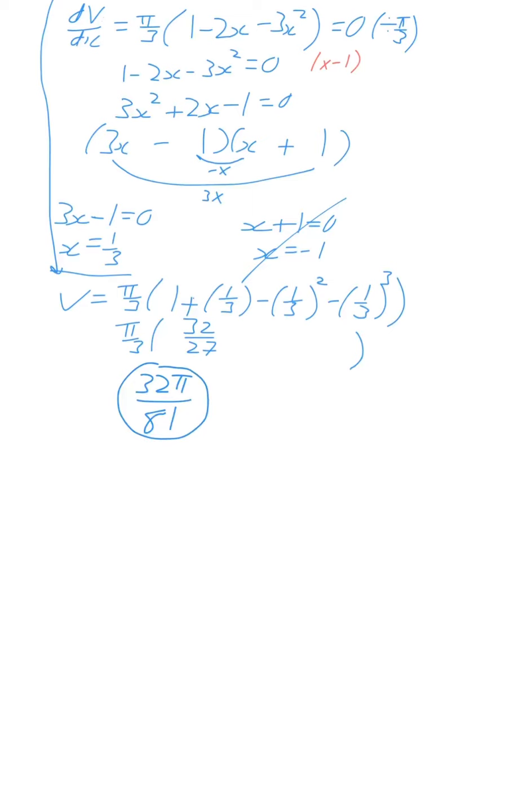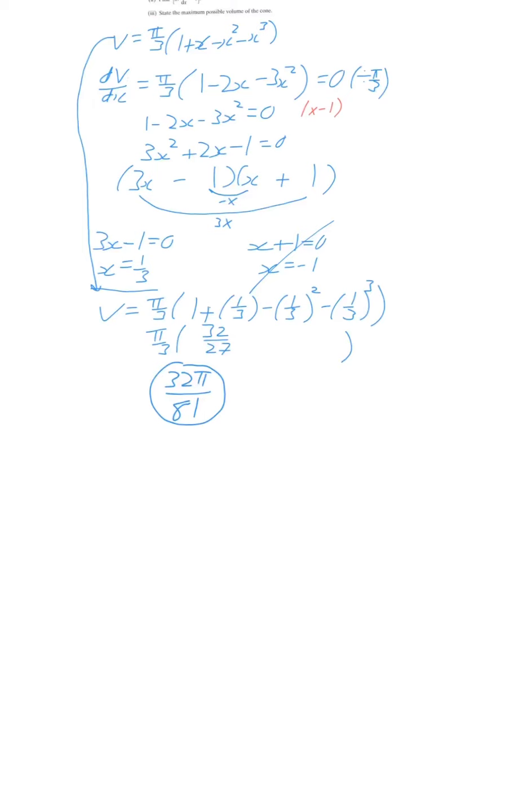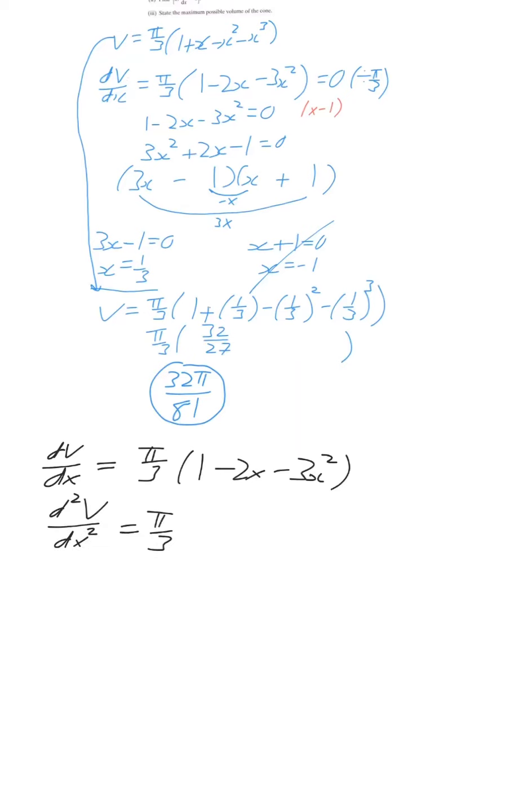Now, if we wanted to check as well that it was a maximum, let's go back and see what we had for our dv dx. So our dv dx was pi over 3 times 1 minus 2x minus 3x squared. So let's differentiate this again. So now we have minus 2 minus 6x.